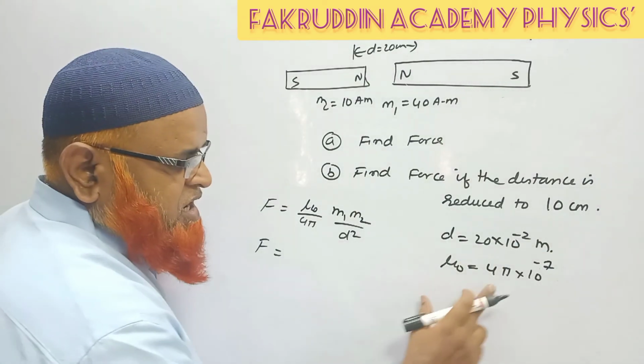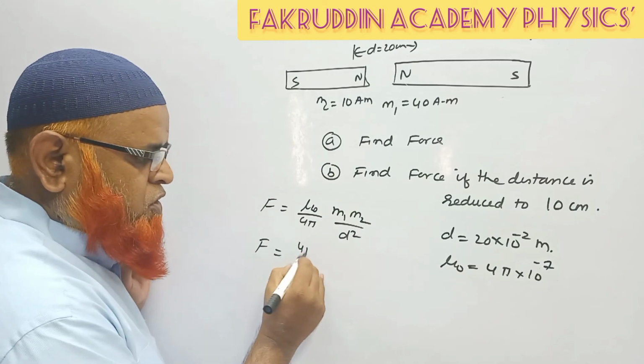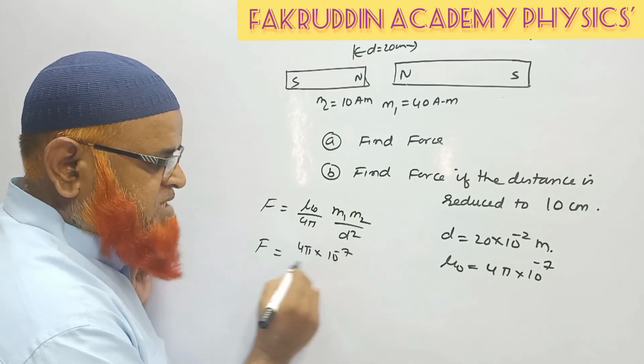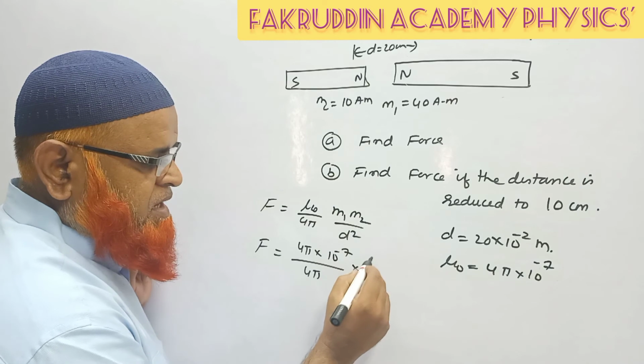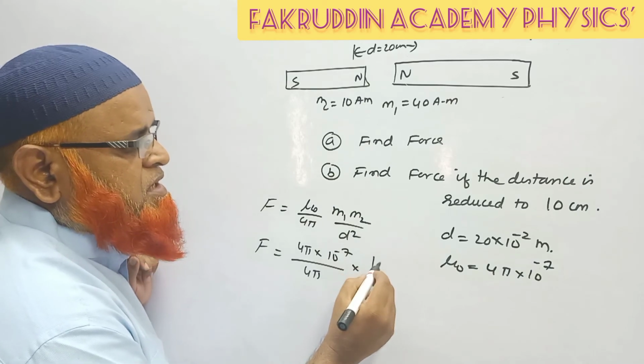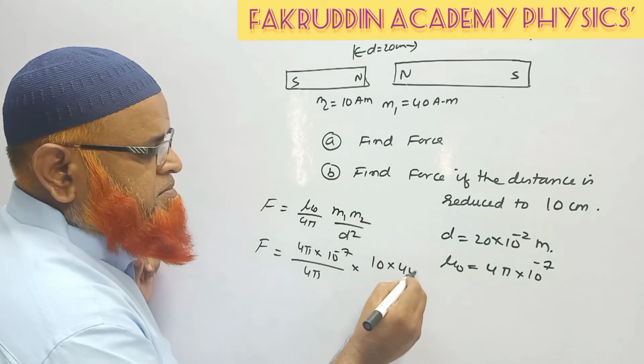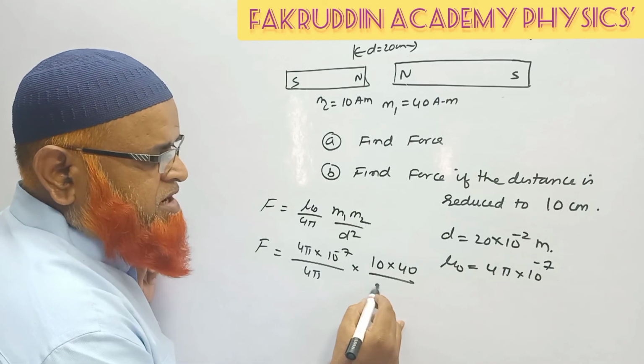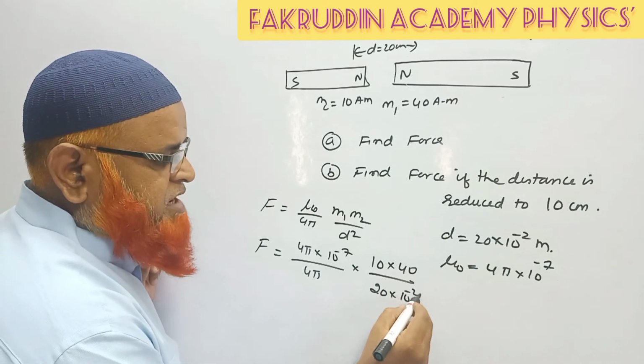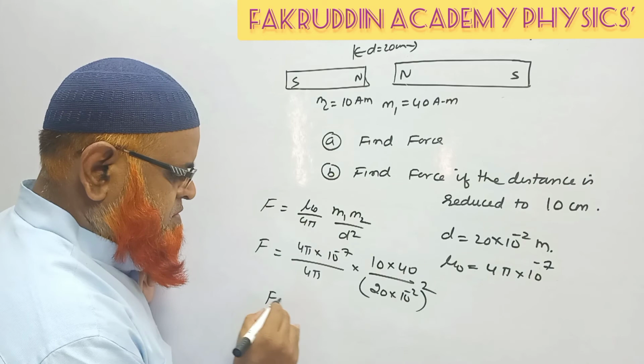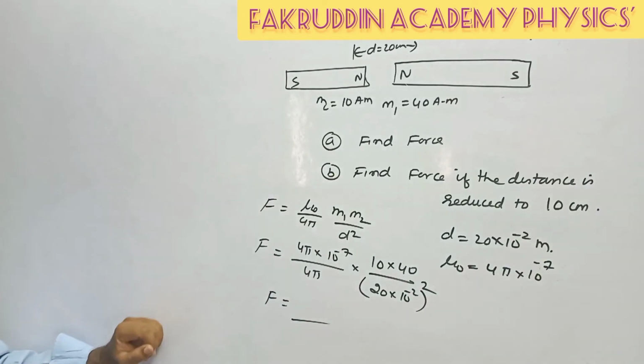The value of mu naught is 4 pi into 10 power minus 7. So F is 4 pi into 10 power minus 7 by 4 pi, into 10 and 40, by 20 into 10 power minus 2 whole square. Calculate this and get the answer.